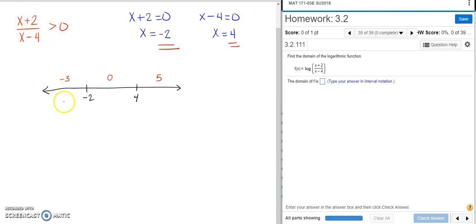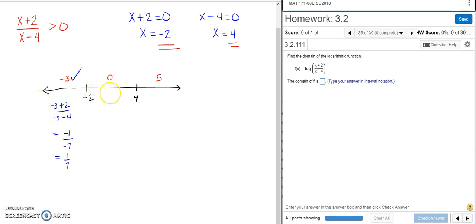So if I plug in negative 3 plus 2, over negative 3 minus 4. That's negative 1 over negative 7. So that is 1/7. That is greater than 0. So this section is a good section. This section works, right? We can use any numbers in this section based on the fact that negative 3 worked.